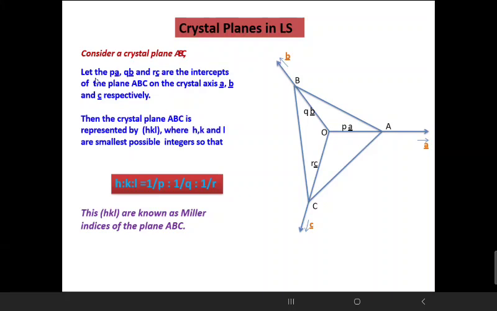Let pa, qb and rc be the intercepts. Then the crystal plane is represented by (hkl), where h, k, l are the smallest possible integers. This is the important point: h, k, l are Miller indices, and by using the intercept points you can find them. This equation is an important equation to find Miller indices.